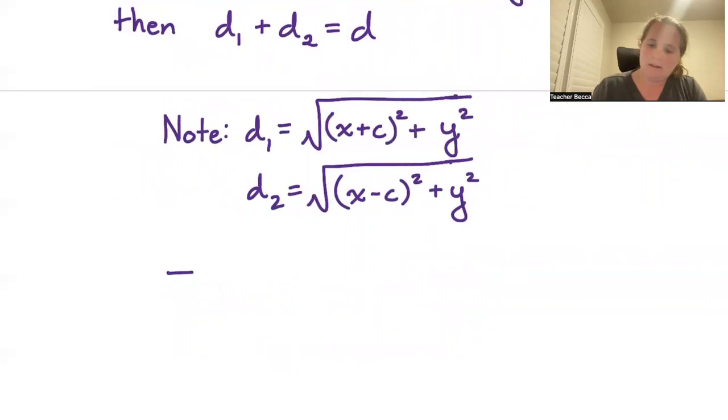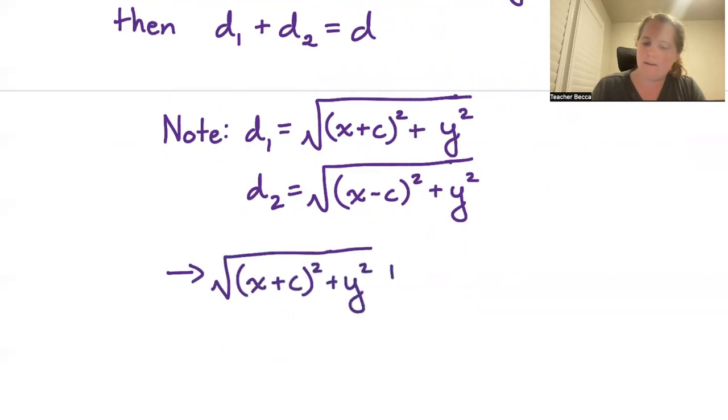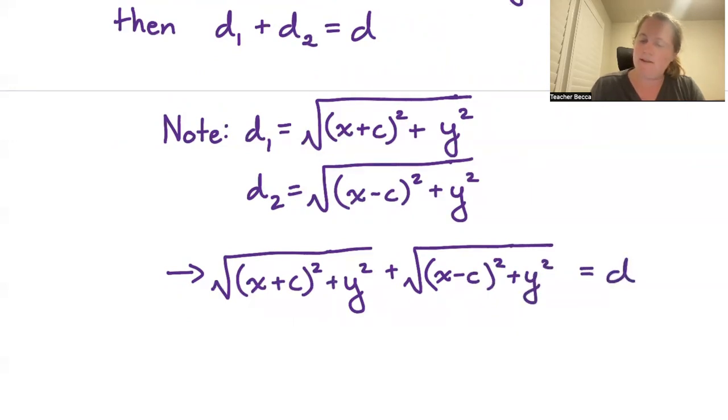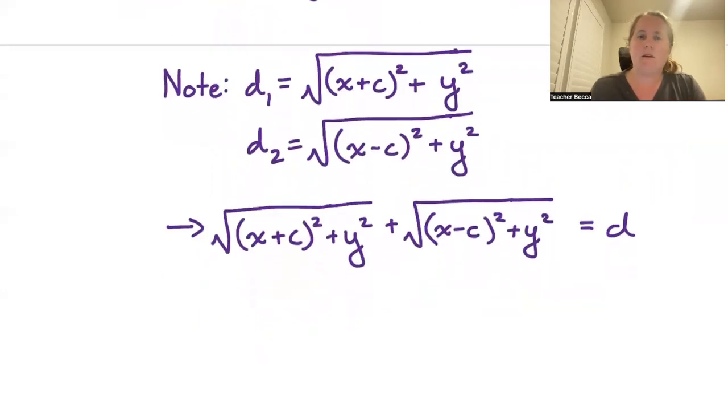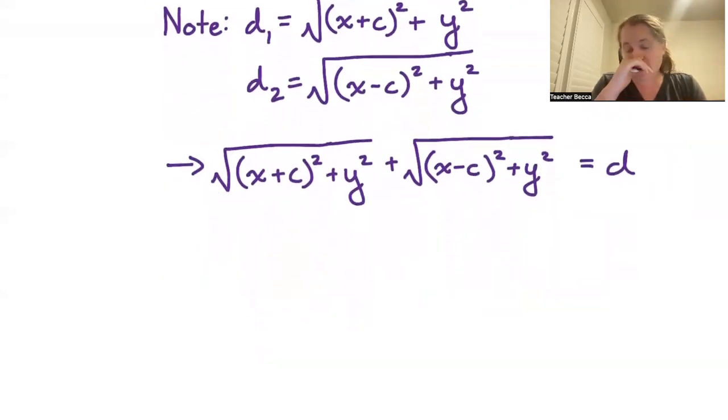So what we have then is the square root of x plus c squared plus y squared, plus the square root of x minus c squared plus y squared is equal to d. I'm not going to run through all the steps here. You could square and then isolate the remaining square root and square again, and you could solve.